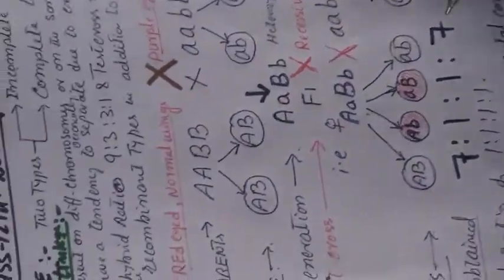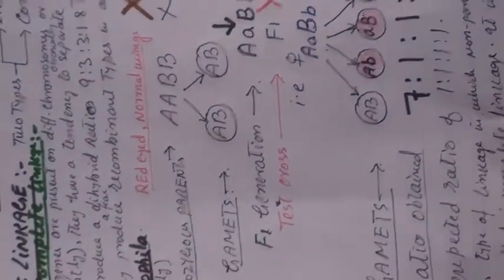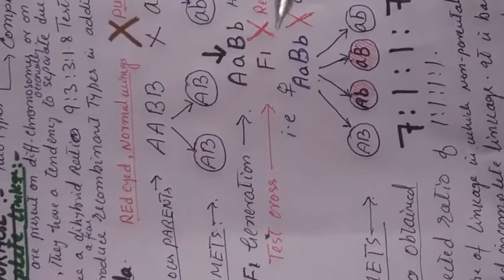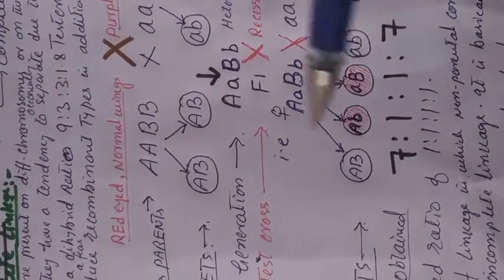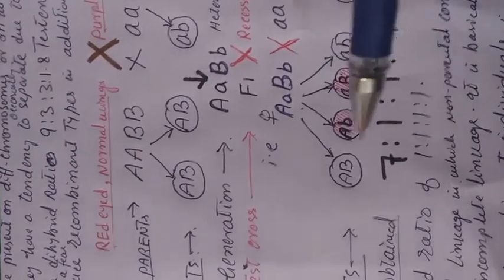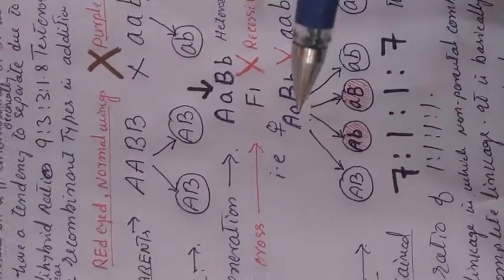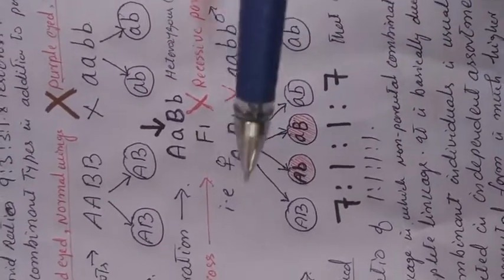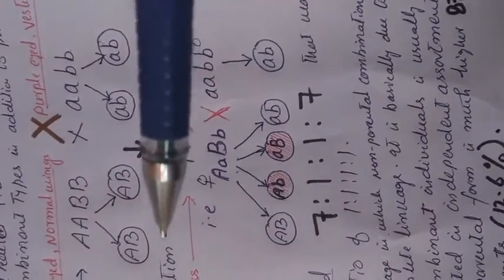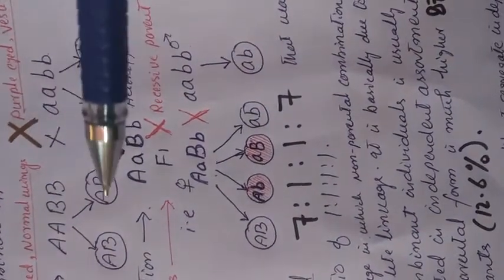This shows that the two genes did not segregate independently, and only 12.6% recombinant types were observed, which is quite different from the 50% recombinants of independent assortment.